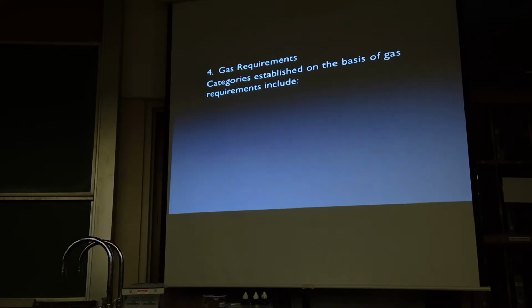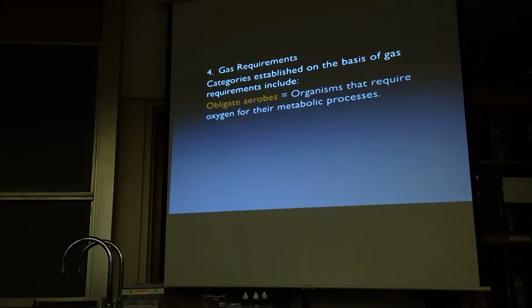The next thing we can consider is, can we categorize things based on their gas requirements? So again, a whole bunch of terms. If organisms require oxygen, and they require it for their metabolic processes, we call them obligately aerobic. We are obligately aerobic. And the reason we are is because we have a respiratory metabolism. We use molecular oxygen as a final electron acceptor.